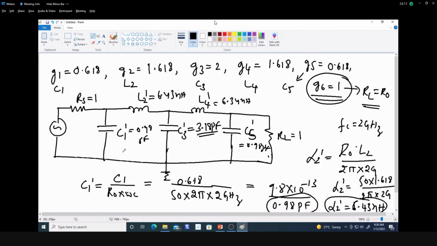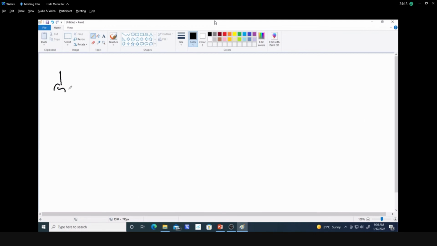Now we have all the values of the filter design, and we can rewrite the circuit. Rs is equal to 50 ohm, because when we normalize a value and convert it back to the absolute value, we get 50 ohm.